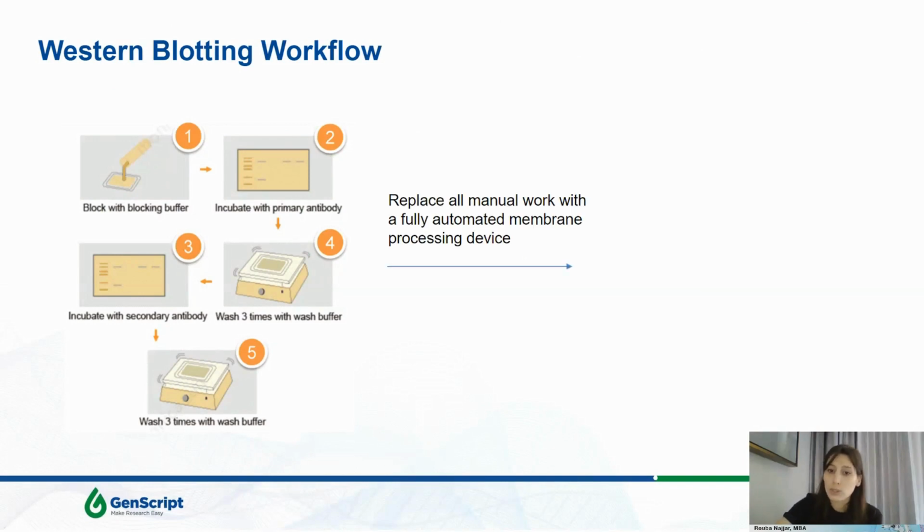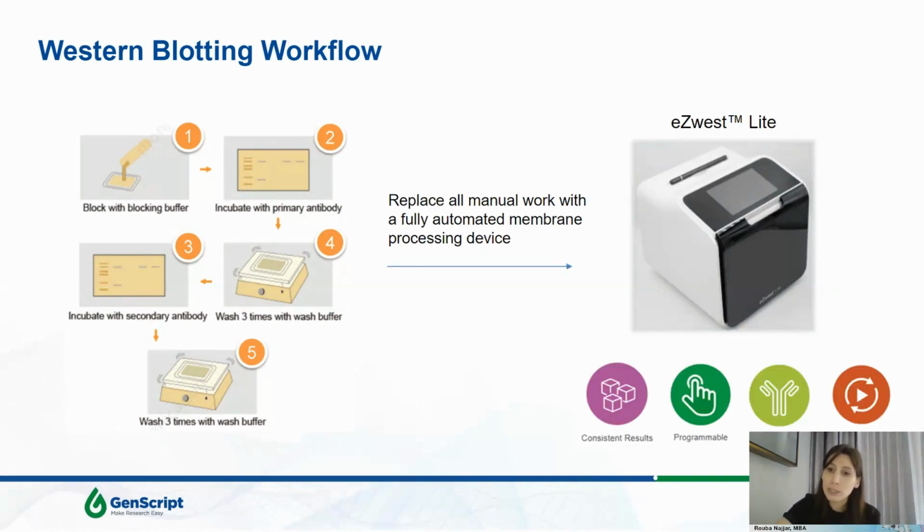We also have a Western blotting workflow that is completely automated using the Easy West Lite. What's really nice about the Easy West Lite is that it does the blocking, the incubation with the primary and the secondary antibodies, and all of the washes in between.